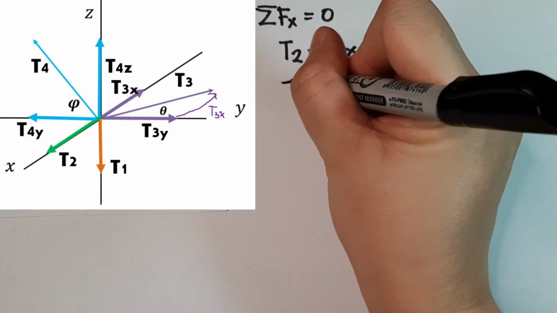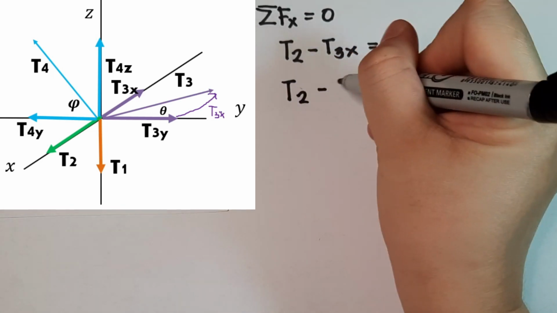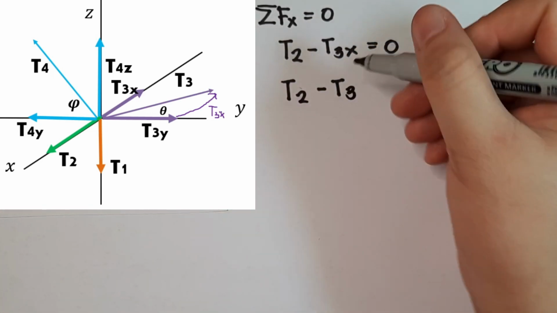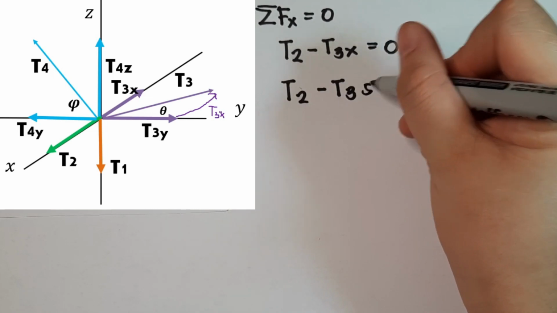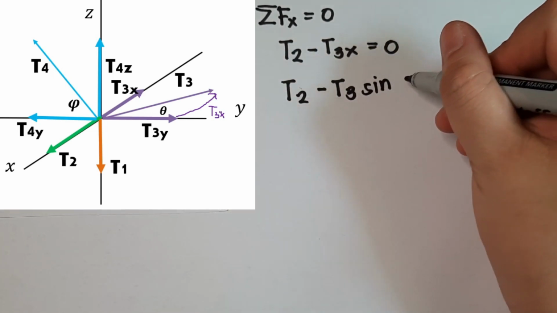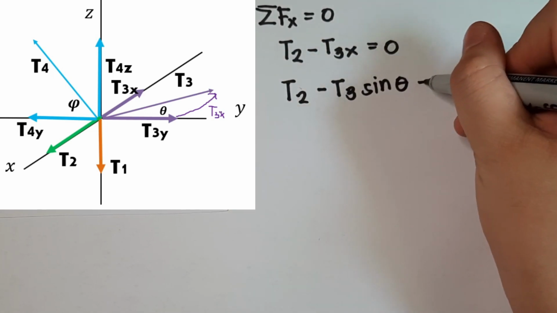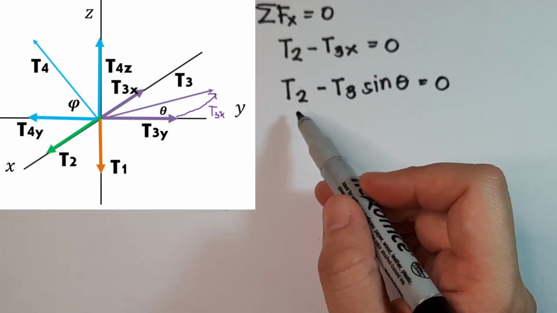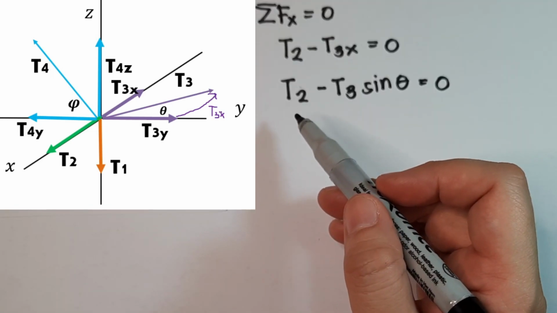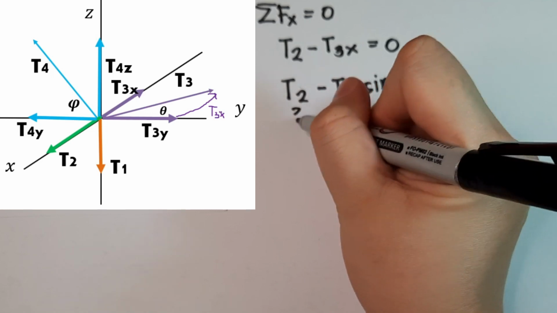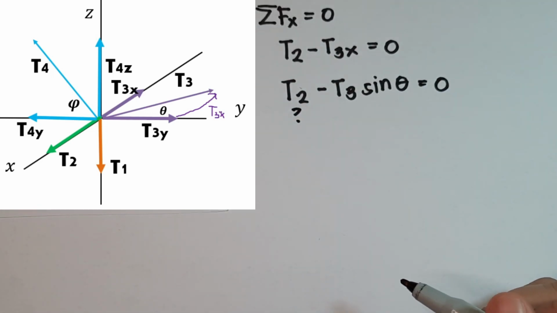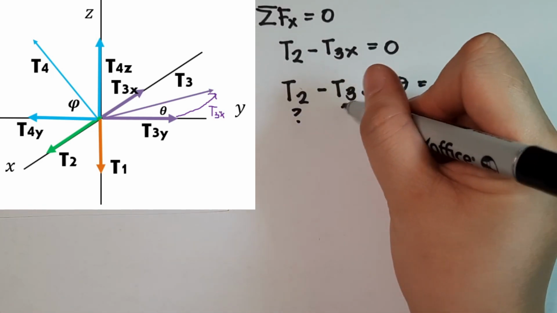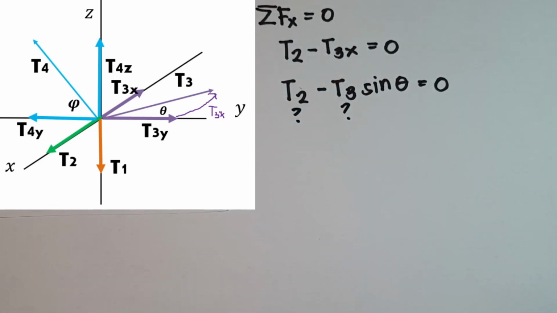This T3X will be equivalent to minus T3 sine theta is equal to 0. Based on the given, T2 is unknown, and we also don't know what T3 is. Since there are two unknowns, we cannot proceed here.